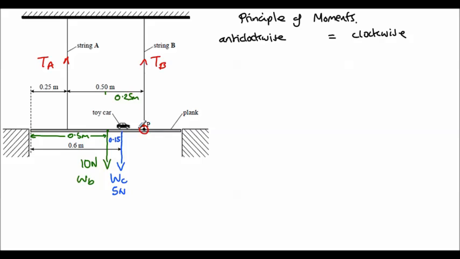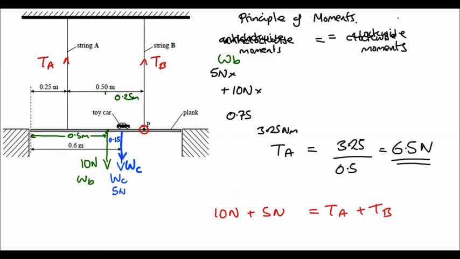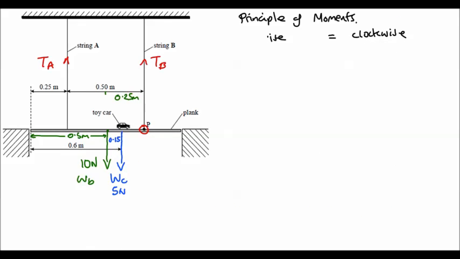If that's the pivot, P, then the anti-clockwise moments are going to be the weight of the bridge, and I'll put that in as its actual number, which is 10 newtons. So the weight of the bridge is acting anti-clockwise, 10 newtons multiplied by its distance from P, which is 0.25 meters.